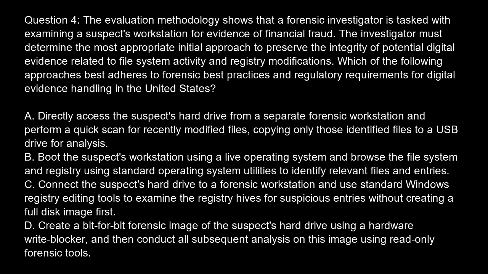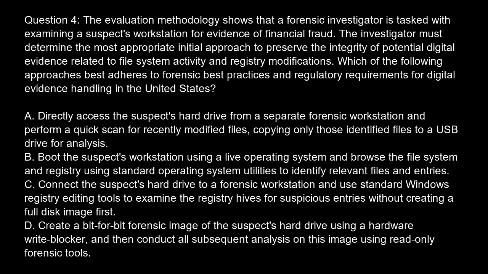Option A. Directly access the suspect's hard drive from a separate forensic workstation and perform a quick scan for recently modified files, copying only those identified files to a USB drive for analysis. Option B. Boot the suspect's workstation using a live operating system and browse the file system and registry using standard operating system utilities to identify relevant files and entries.